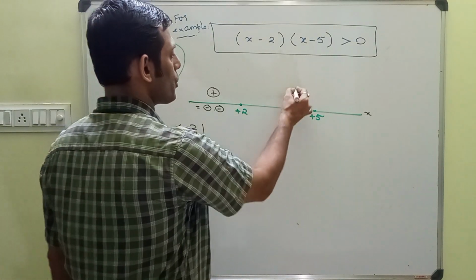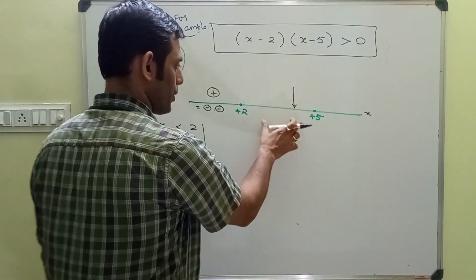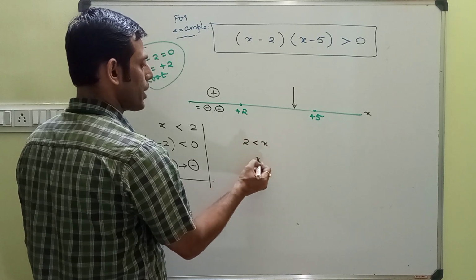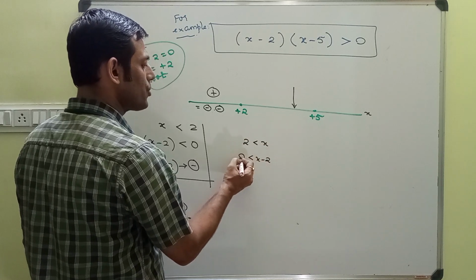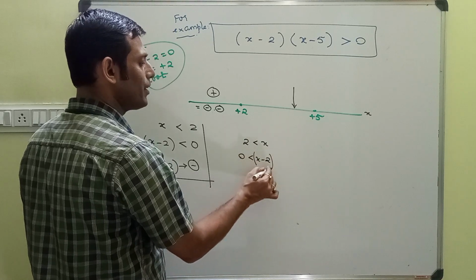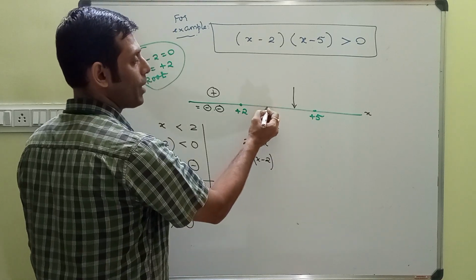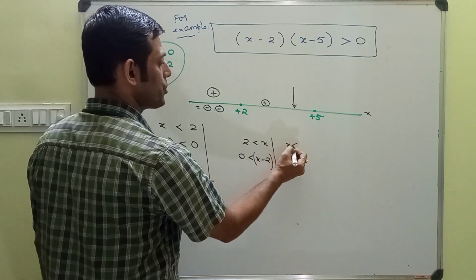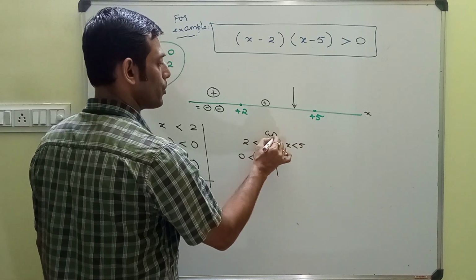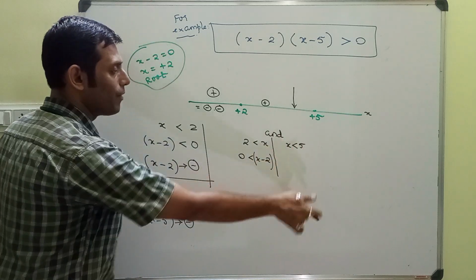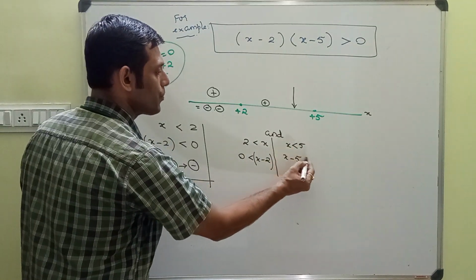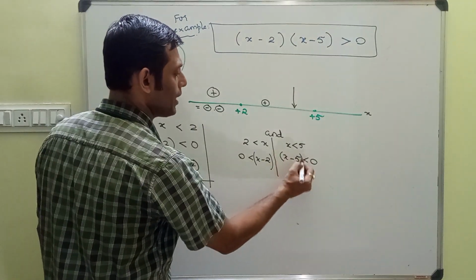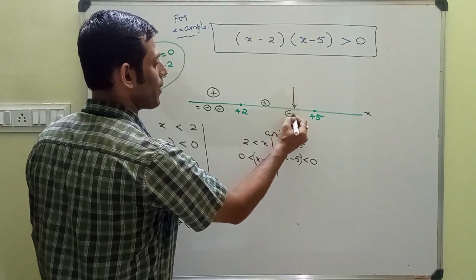Now let's take a position of x somewhere between 2 and 5, and you can see that if x is greater than 2, that means x minus 2 is greater than 0, that means this particular factor is positive. I have one factor positive here. And then if x is less than 5, and this is an ANDing, that means x minus 5 is less than 0, and that means the other factor is negative.